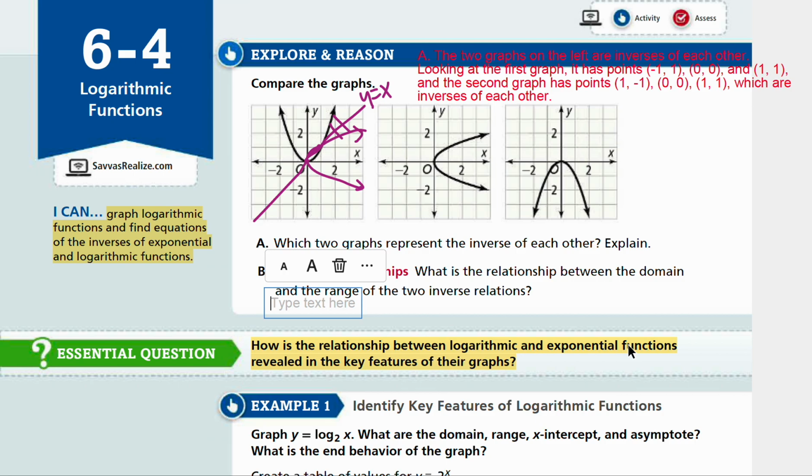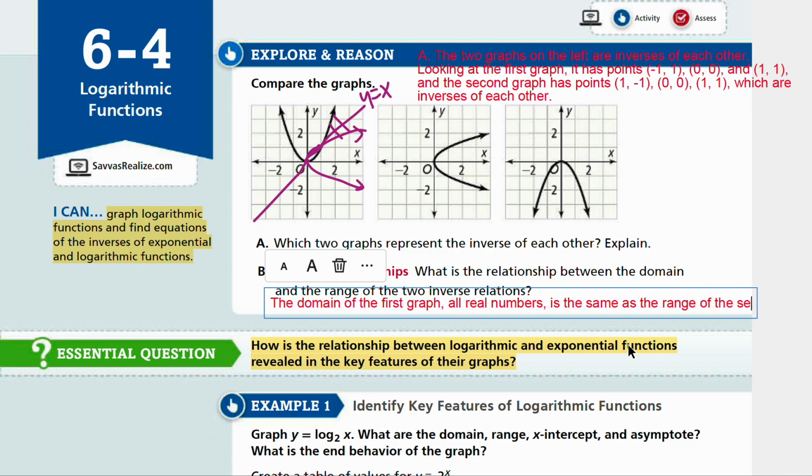So let's say that the domain of the first graph, which is all real numbers, is the same as the range of the second graph.